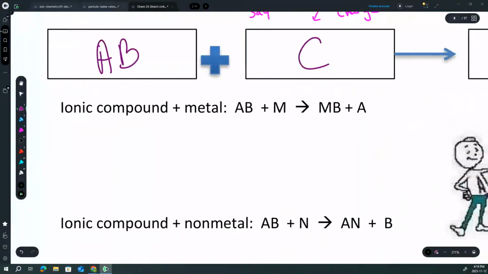All right, now into the details. If you have an ionic compound reacting with a metal, so compound AB plus M for metal, like I said, metals like to form positively charged ions. I'm going to keep sticking with what type of charge of ions these elements like to form, instead of saying metal switches with metal and non-metal switches with non-metal, because sometimes things get a little more complicated than that.